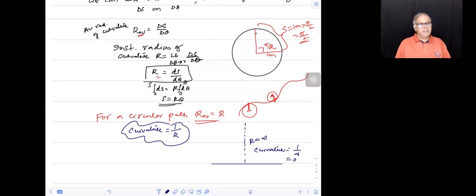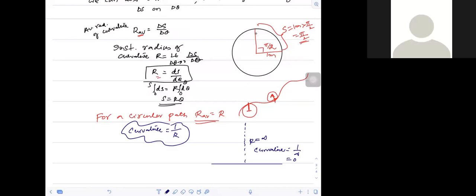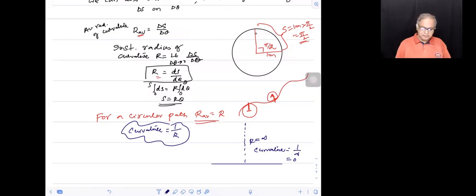And if you take a pear-shaped object, somewhat like that, here the radius of curvature is lowest, so curvature is the highest.